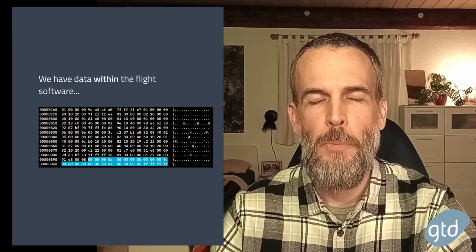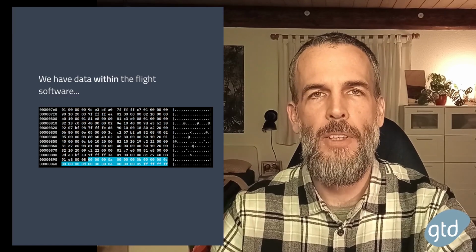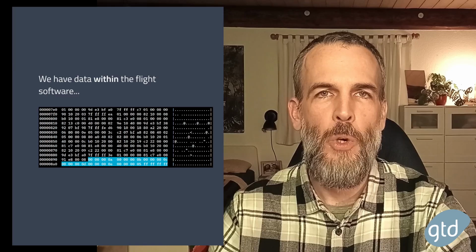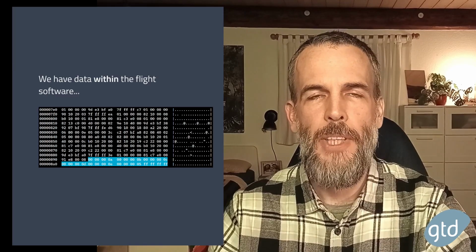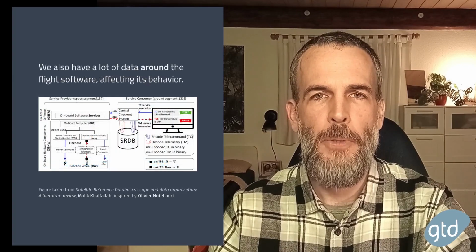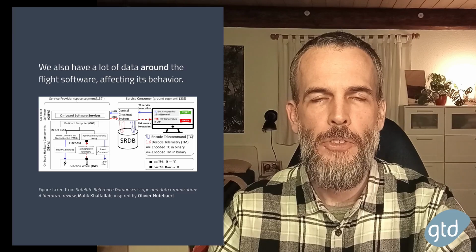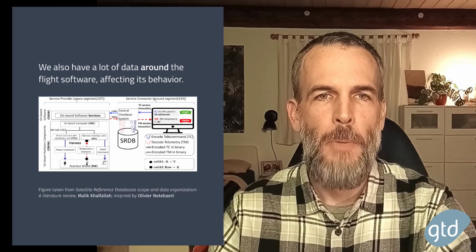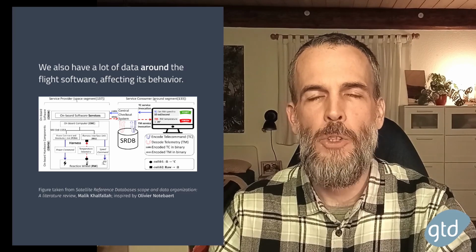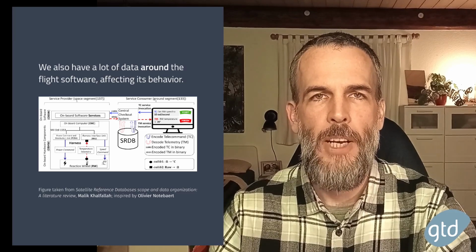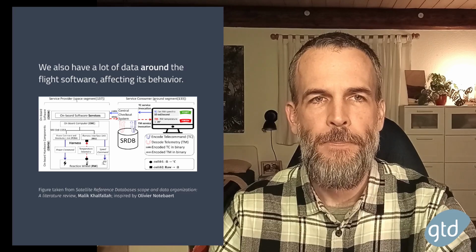We can only know this because in this case we know the source code that produced this object code and we know how it was compiled. But we also have all the data around the flight software. We have data that comes in via sensors or via operator commands. All of this data also affects the behavior of the flight software in the end of the day.